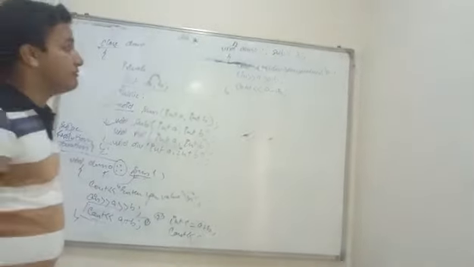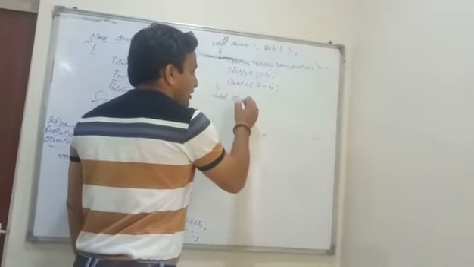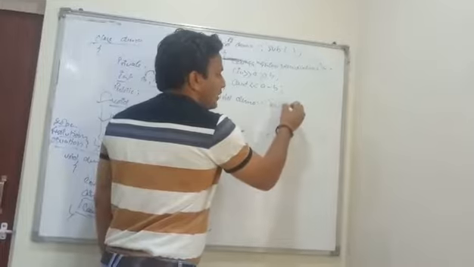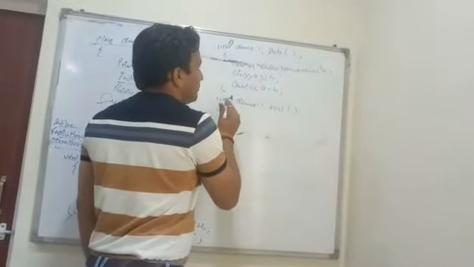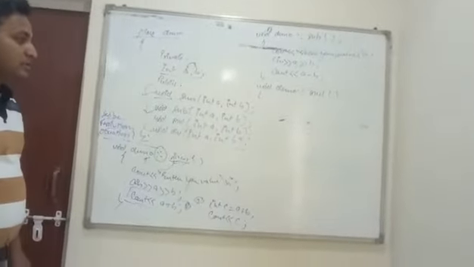This is the second function. Next is the multiplication function. Again, return type, class name, scope resolution operator, mul. Oh, we have made a mistake in this.